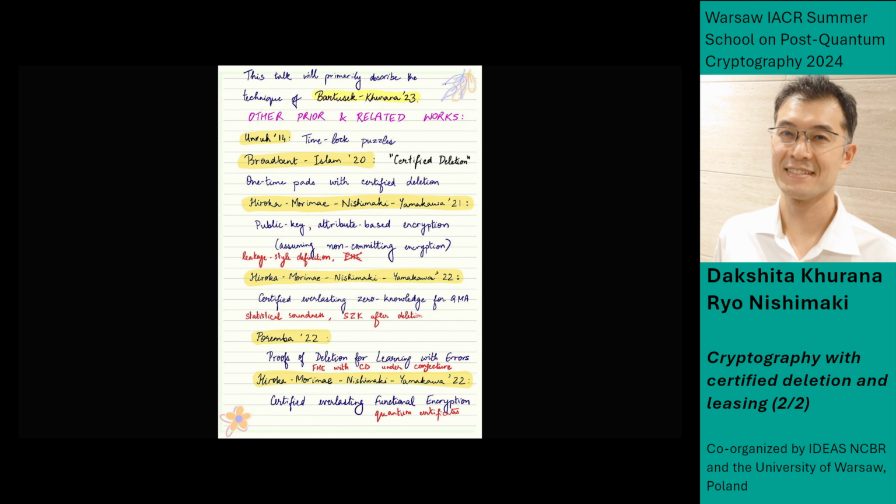He uses the learning with errors problem to achieve the primitive. He also achieved FHE with certified deletion in this work, but he needs some unproven conjecture to prove the security of his construction.